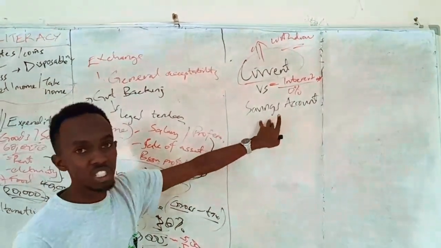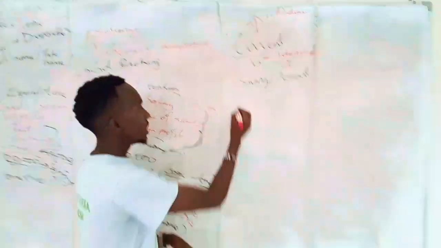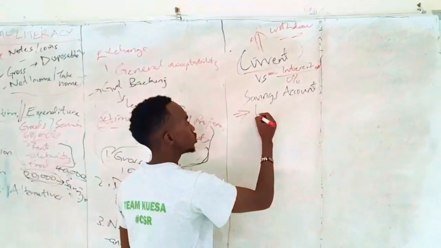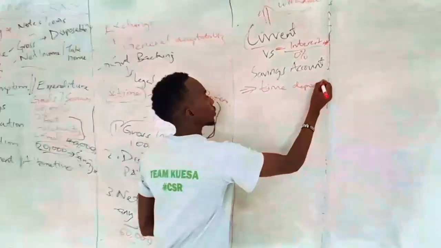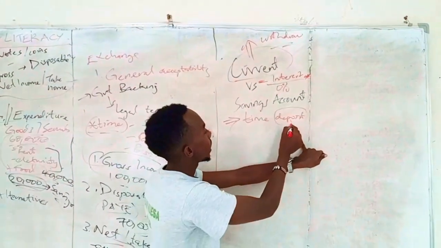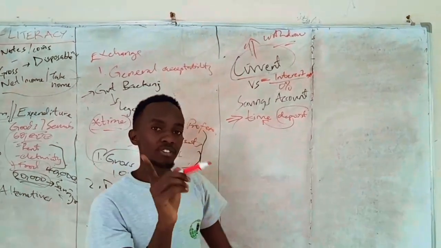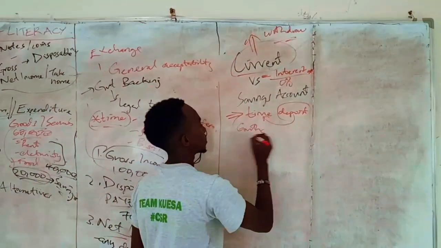You can decide to put it in a savings account. Now a savings account is different from a current account. In a savings account, you do a time deposit. You deposit an amount of money, and you say, I would like to access this money after a specific amount of time, say 6 months.